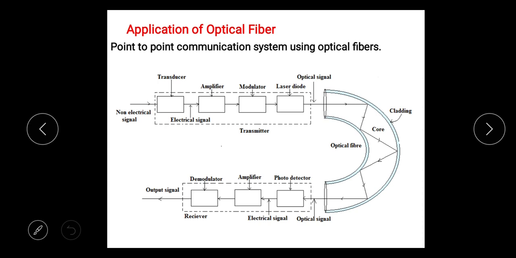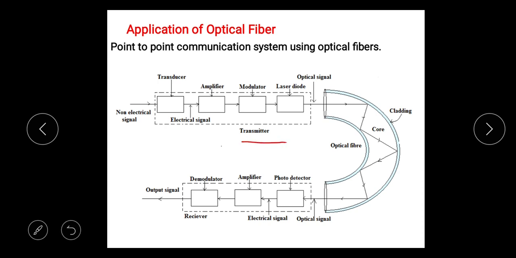Now we'll see applications of optical fiber. One of those applications is basics of point-to-point communication using optical fibers. Point-to-point communication is the transmission of information from one point to another point by using optical fibers. This system has two parts, transmitter section and receiver section.